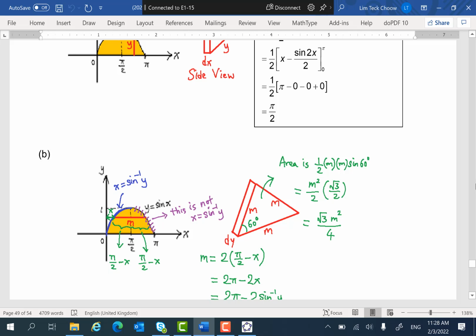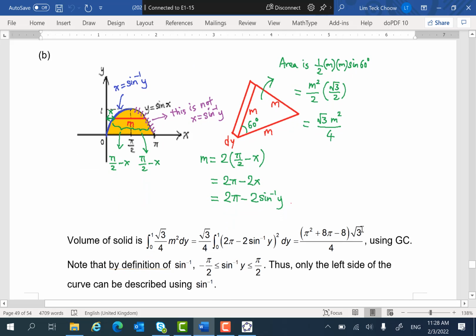But this calculation is also simple because you're going to ask yourself this question: what is m? For a given y, what then is your m?